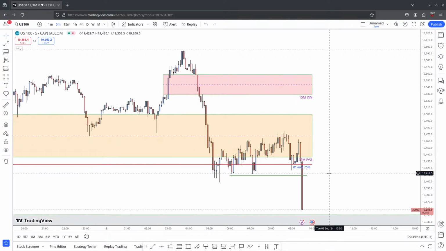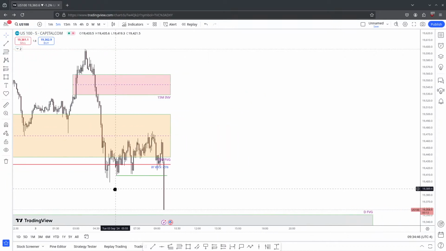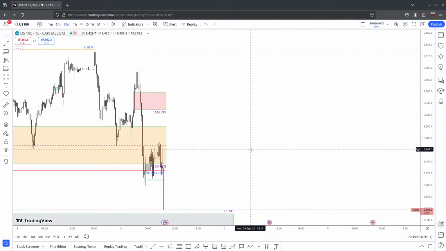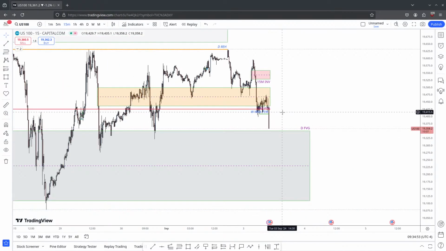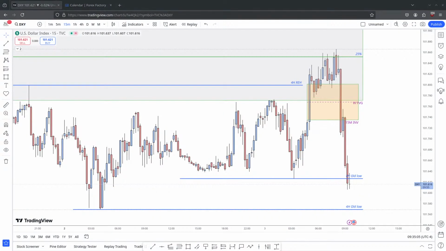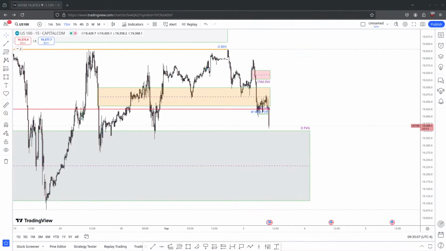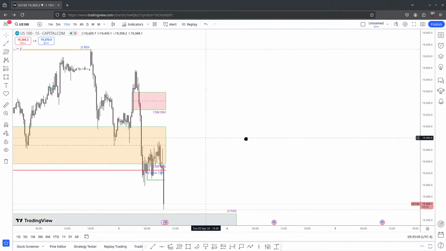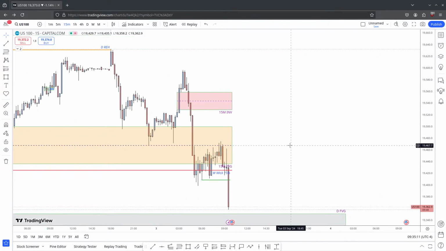So far, still pushing down a lot lower into this daily fair value gap. Remember, it's the day after the bank holidays. Let me just show that screen. Day after the bank holidays. So all the money is coming back into the marketplace, and everybody's jumping in.